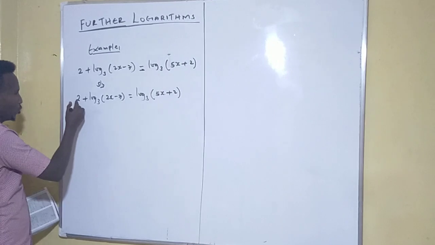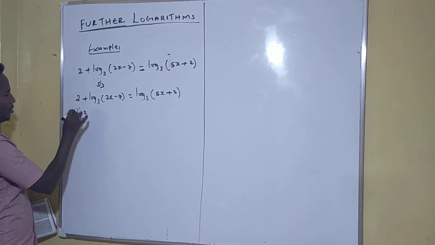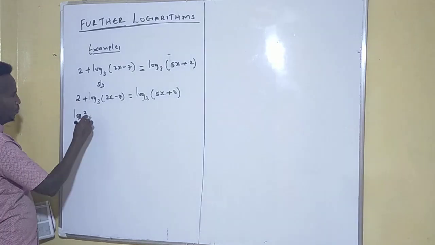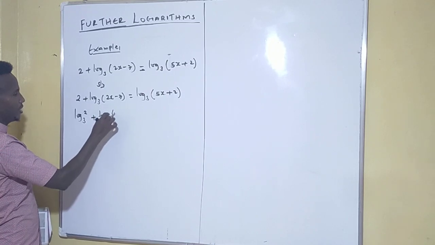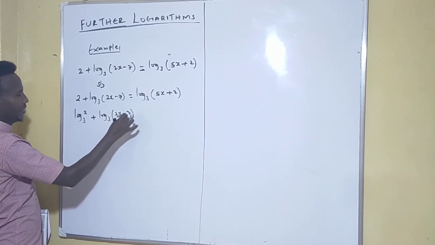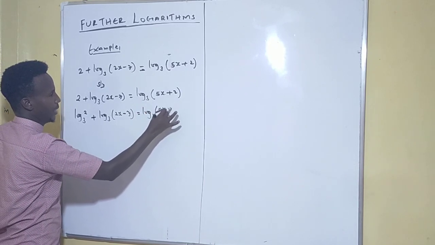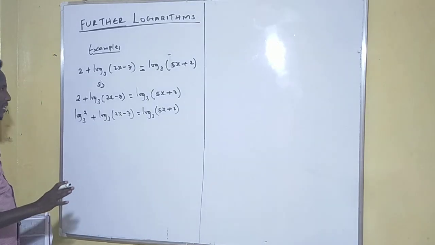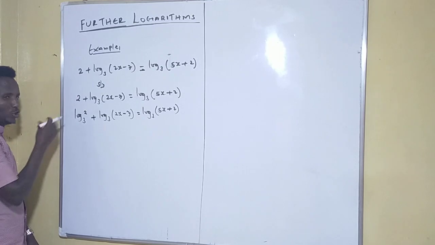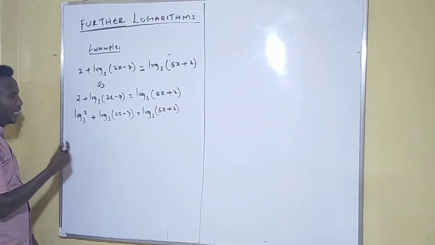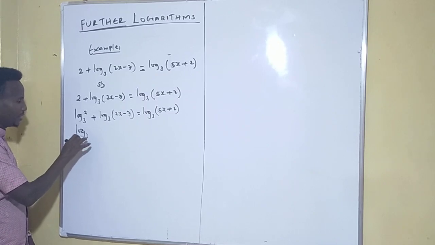We'll write it in log base 3, introducing log base 3 with the number as the power. So you ask yourself, what's 3 power 2? That's 9, so it can be written as log base 3 of 9.